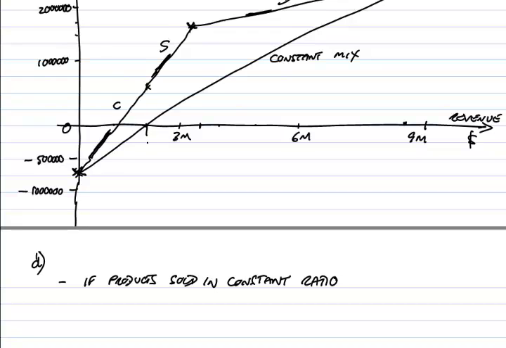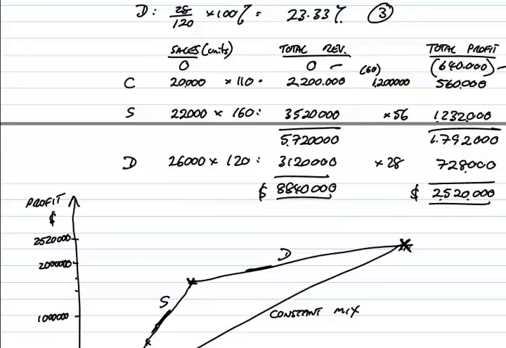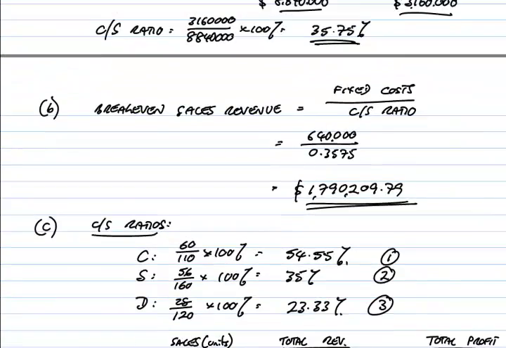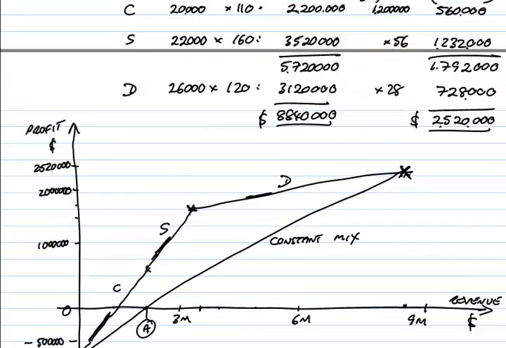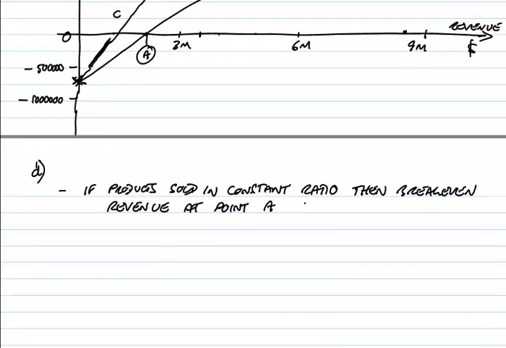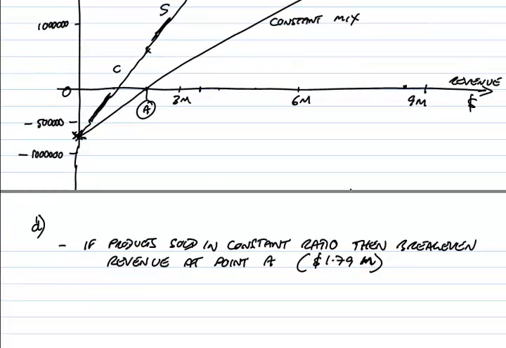I'll label it break even revenue at point A. And of course we have worked that out in part B of the question. It was 1.79 million. My graph isn't accurate, but even so, it's somewhere in that region, point A.